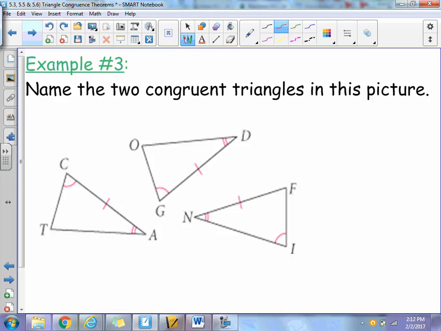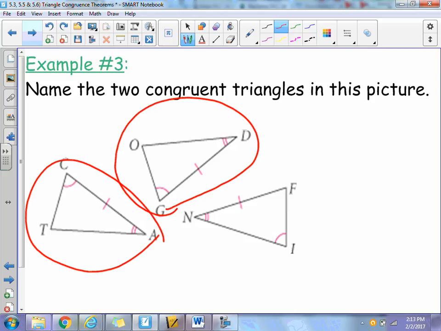Last one. Figure out which 2 are your congruent triangles. Yes, you're correct. By which theorem, Cameron?